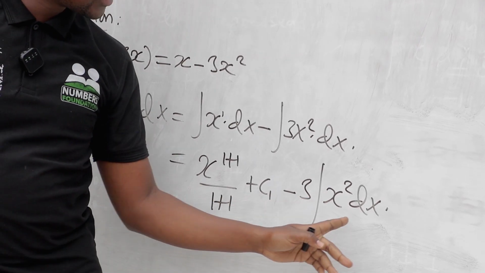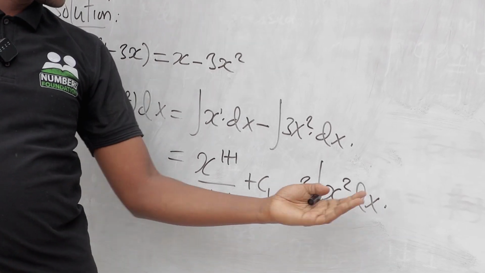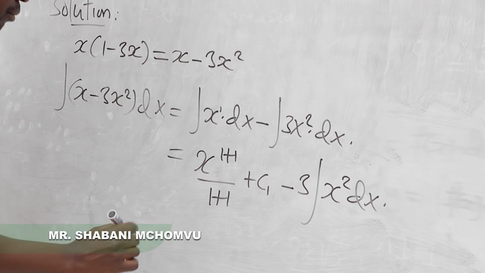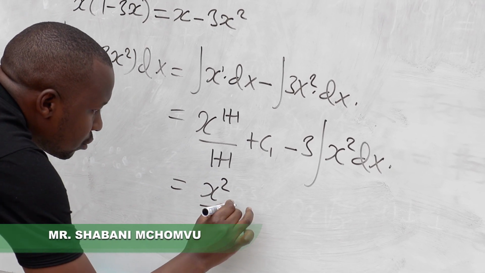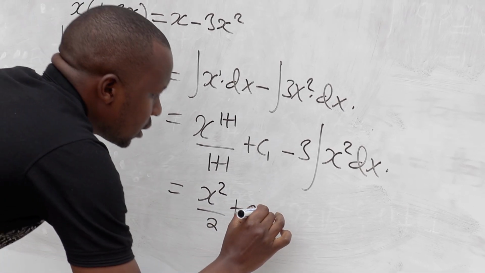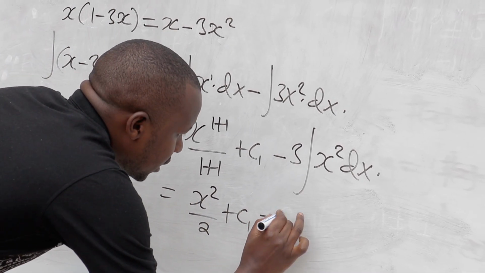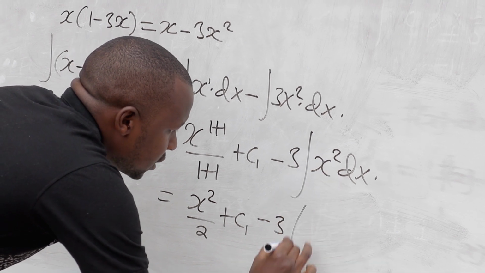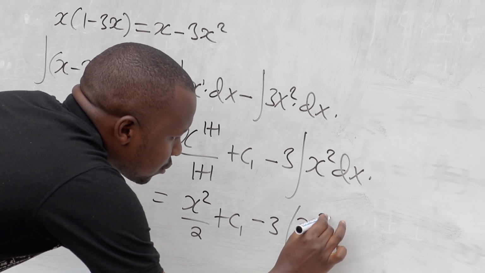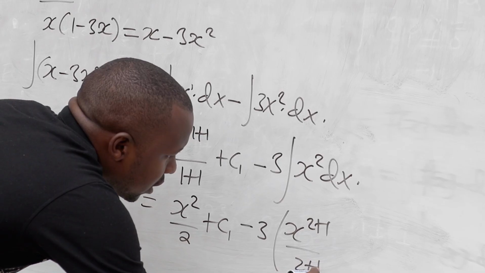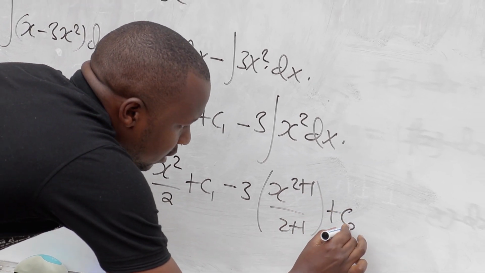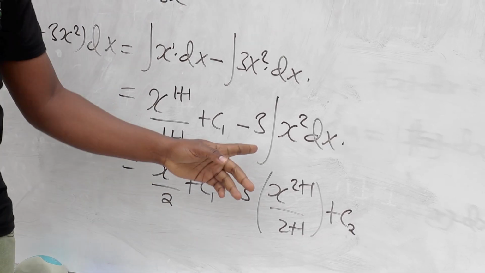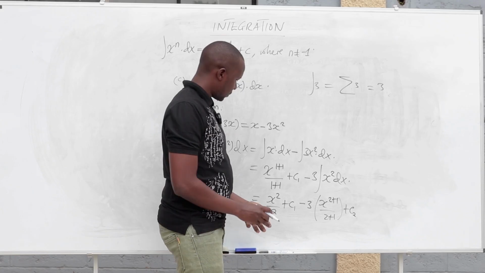Anything that does not concern the letter of respect has to be taken out. From there, here we'll have x squared over 2, plus constant 1, minus 3 times, the integral of this becomes x raised to 2 plus 1 over 2 plus 1. Then we add another constant because we're integrating for the second time.